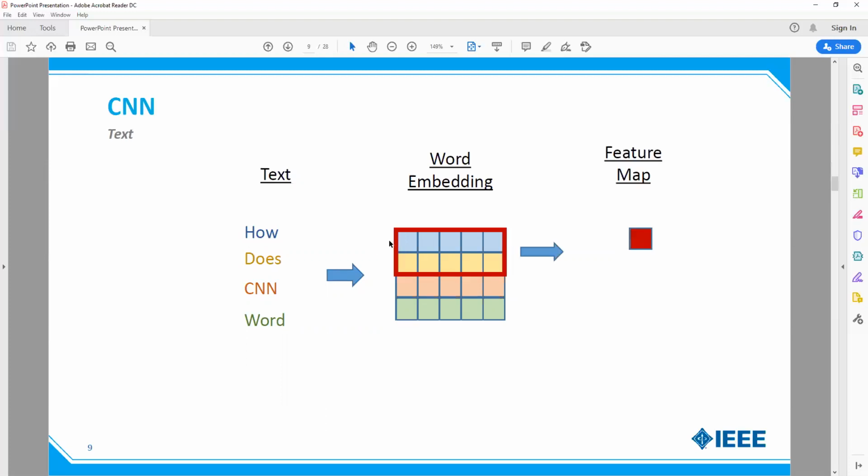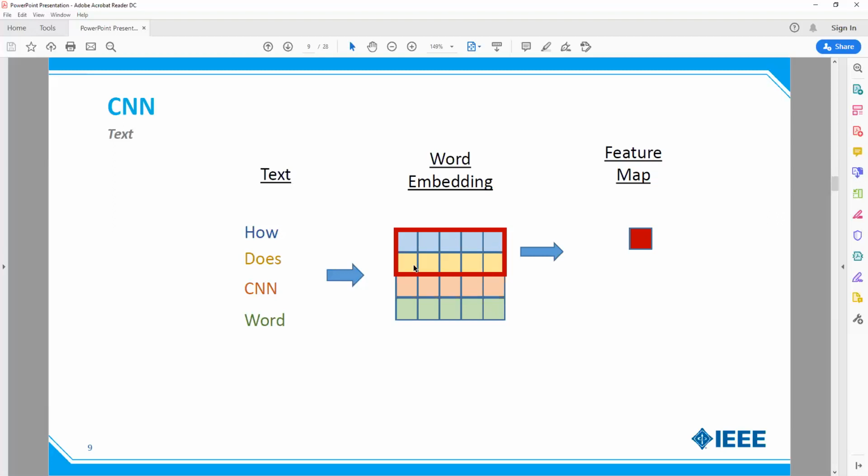However, when we're working with a convolution, we only really care about the representations, the features up and down, so the relationship between each word. We don't look at the word embeddings separately; we combine all these word embeddings together. So this first row is the vector representation for how.